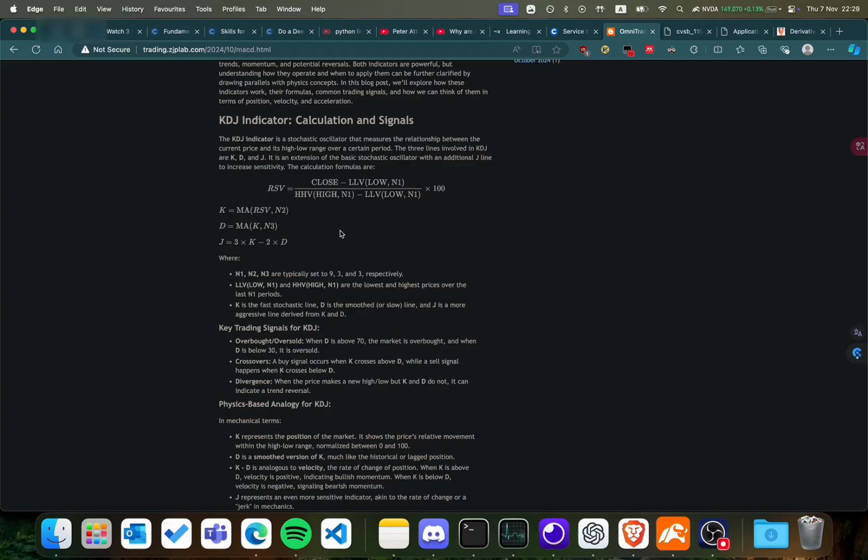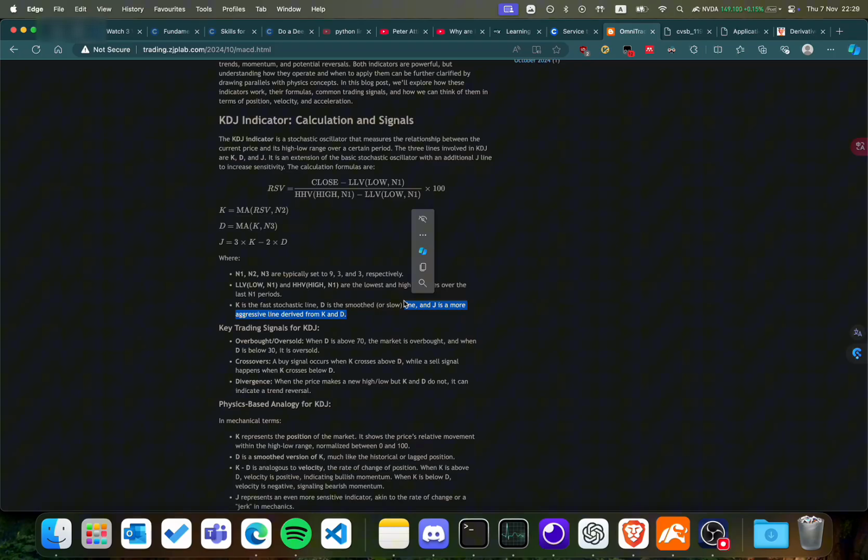That's essentially delta of distance, the delta of price movement, divided by delta of time, which is 1 day. Then you get J, which is the velocity of the stock price movement. J is a more aggressive line. K is the speed, and D is the lagged speed, which is the previous step of K.